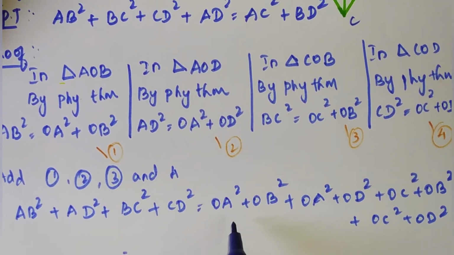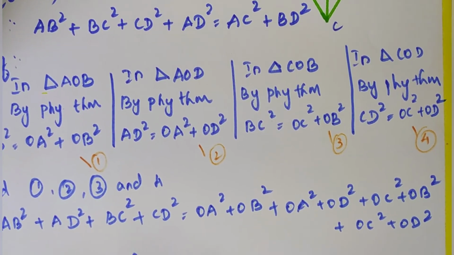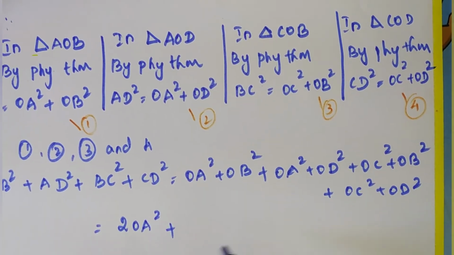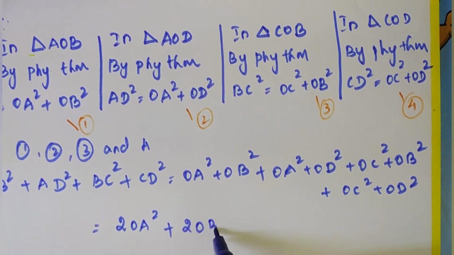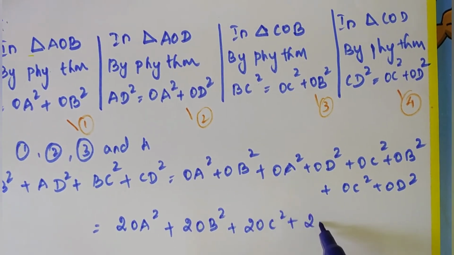Okay. And then we have 2 OA square plus 2 OB square plus 2 OC square plus 2 OD square.